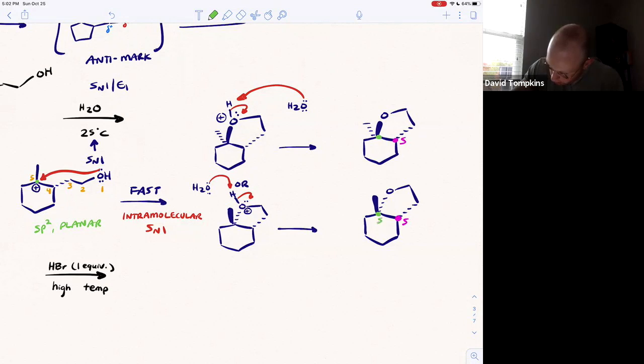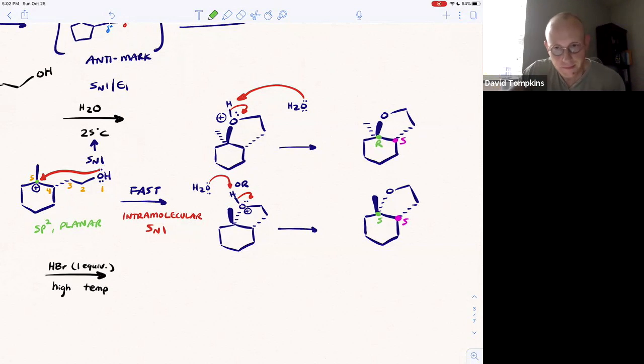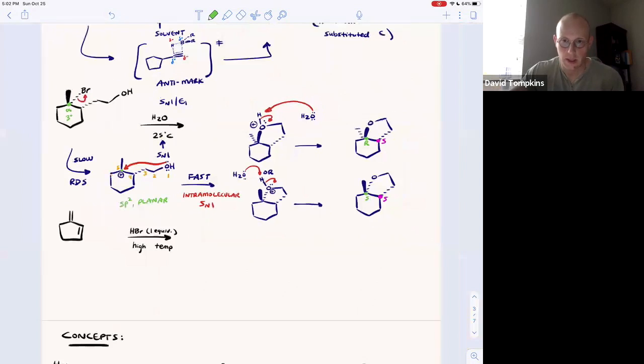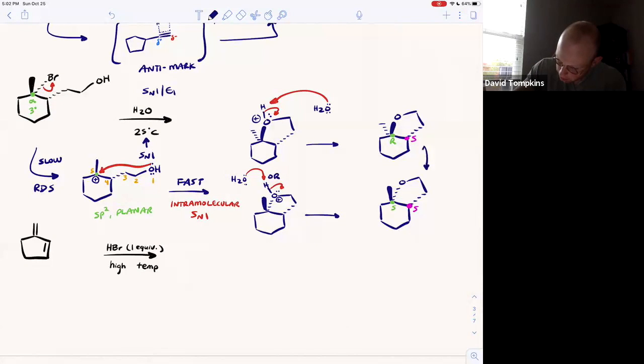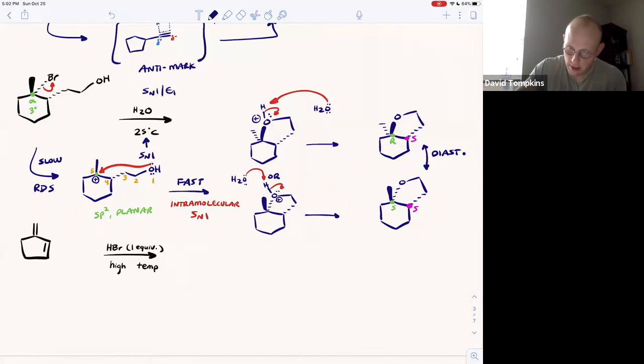So it's S in the bottom and R in the top. Okay, so here you get two diastereomers from this SN1 reaction. Because we had a fixed chiral center and we also had one chiral center that underwent racemization, or SN1.